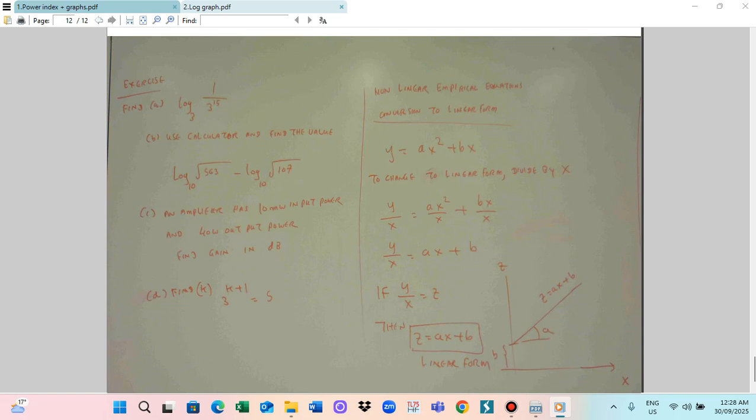Firstly you have to find the exponential form of 81. 81 can be divided by 3, so first you get 27, then 9, then 3. How many times do you have to multiply 3 to get 81? This is 4 times: 3 multiply 3 multiply 3 multiply 3. So you get 3 power 4 is equal to 81.